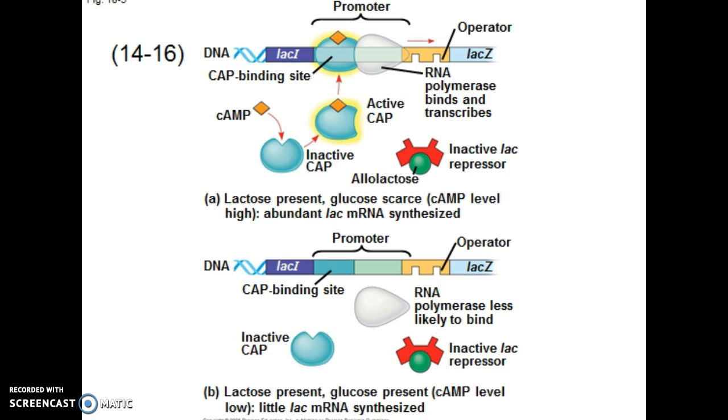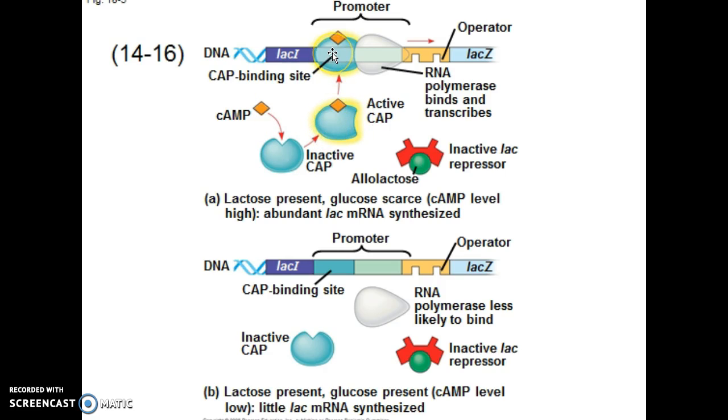So CAP is said to be a form of positive feedback, meaning that it will increase the rate that something is occurring, in this case transcription. Sorry about the bell. We can see that cAMP, or cyclic AMP, will bond to our CAP, and it's inactive right now, but with cAMP bonded in place, now it becomes active.